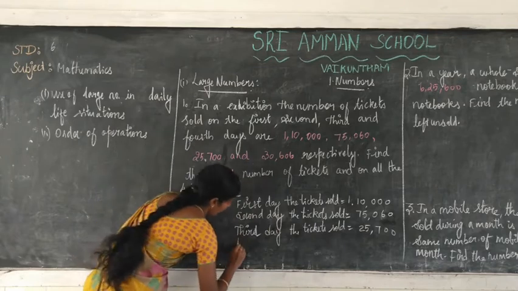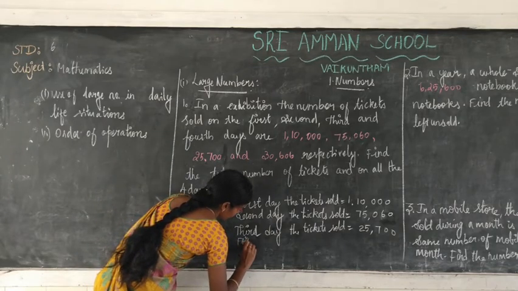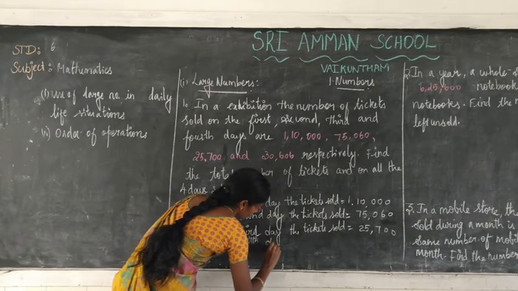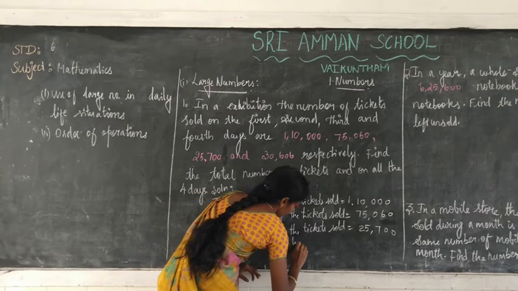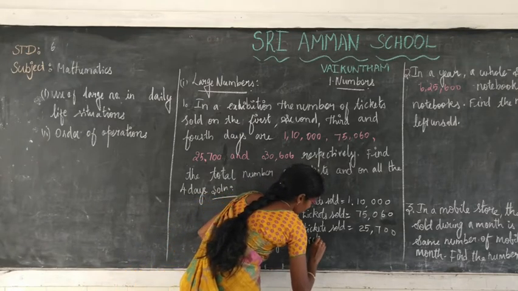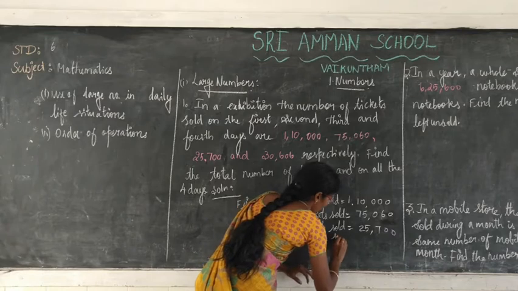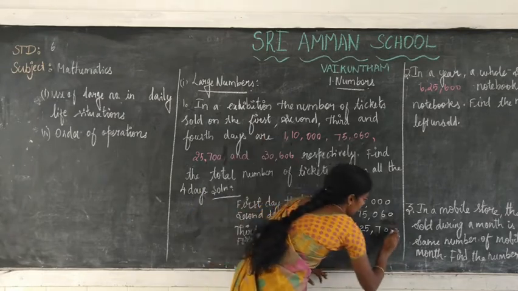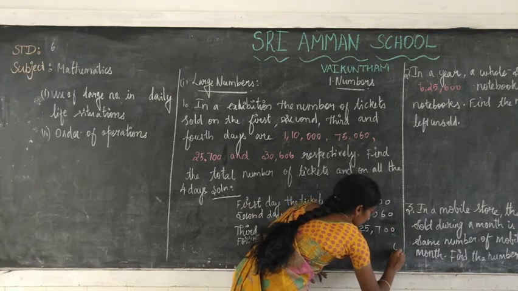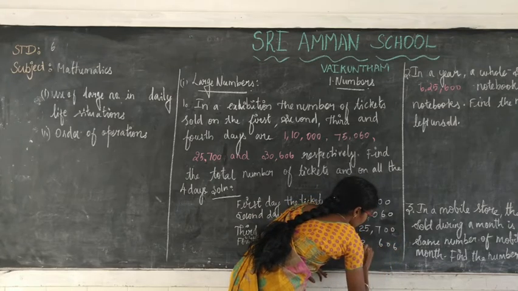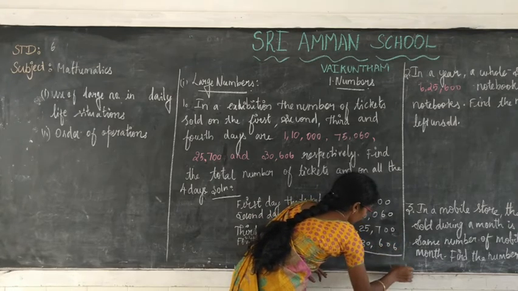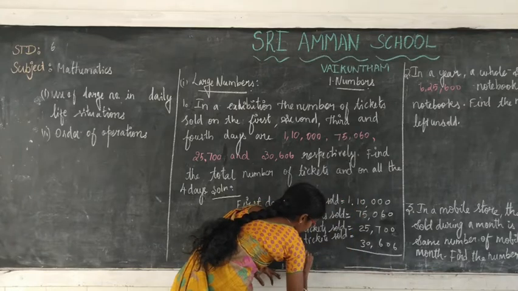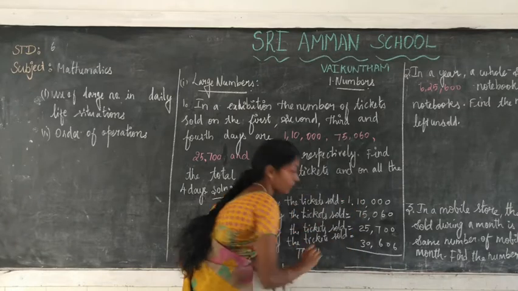The fourth day, the tickets sold equal to 30,606. So the total, you have to add.